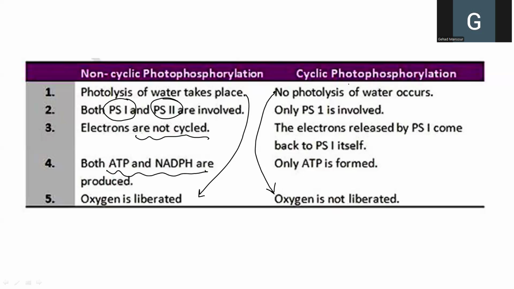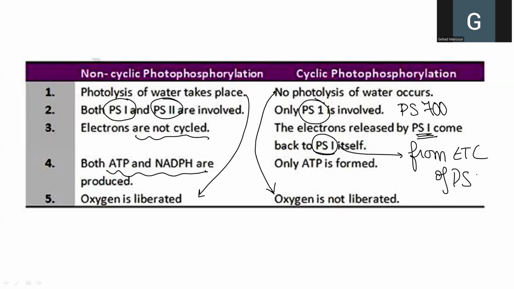Whereas in cyclic photophosphorylation, only photosystem 1, or photosystem 700 nanometers, is involved, and the electrons released by photosystem 700 will return to it from the electron transfer chain of photosystem 680 after having bypassed its electron transport chain.